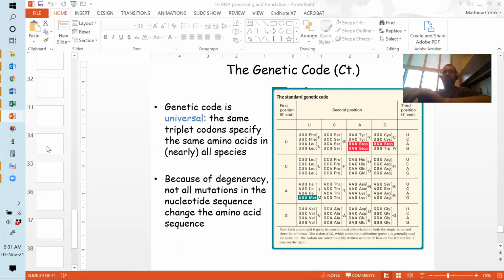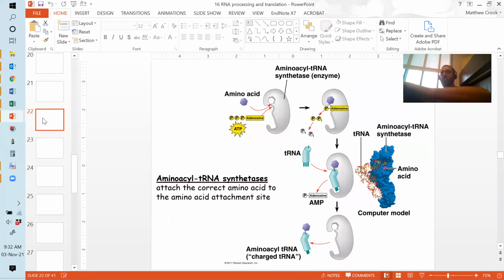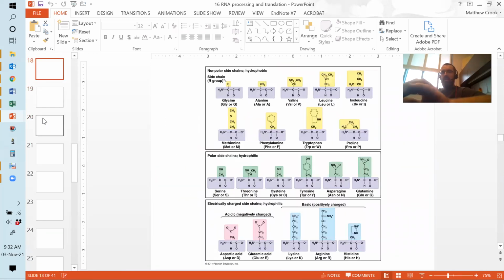Actually, let's see if I can dig out which one I was on. 39, okay. Close. There we go. So proline is a bit of a funky amino acid. It kind of forms a ring shape.